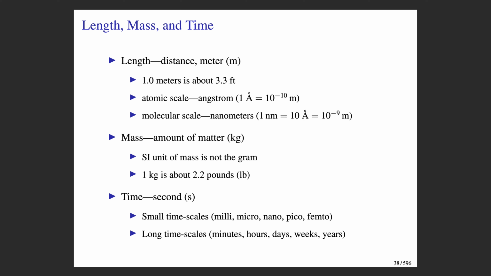However, at long times, we don't use the larger SI prefixes. We revert back to minutes, hours, days, weeks, and years. And so you need to know that 1 minute is 60 seconds, 1 hour is 60 minutes, one day is 24 hours, etc. So just keep that in mind. We typically use these terms for long times, but we use these terms for short times.